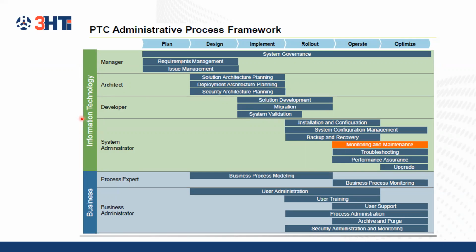So a system administrator or developer, architects, DBAs, things like that, as opposed to business users, which would be your business process experts, such as those in engineering and product development. But again, this is where we are in an IT space, with monitoring and maintaining the system once it's deployed.